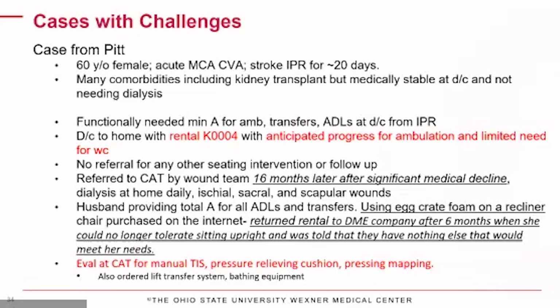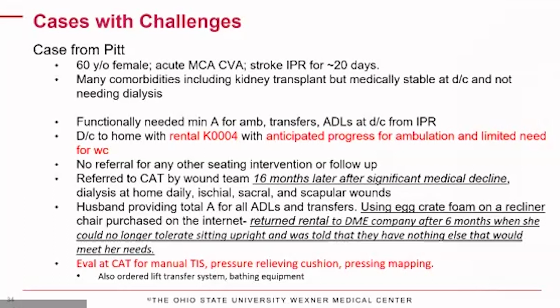I agree with everything that was said, but I think we also need to keep in mind, and again, none of us in this room know this patient. Yes, there are a lot of comorbidities that maybe, even if they were stable, should have been a red flag that there might be more coming up. But on the other hand, most people in the room have been in the industry long enough to know that a patient might have had inpatient rehab for 20 days, where 20 years ago they were there for months and months.